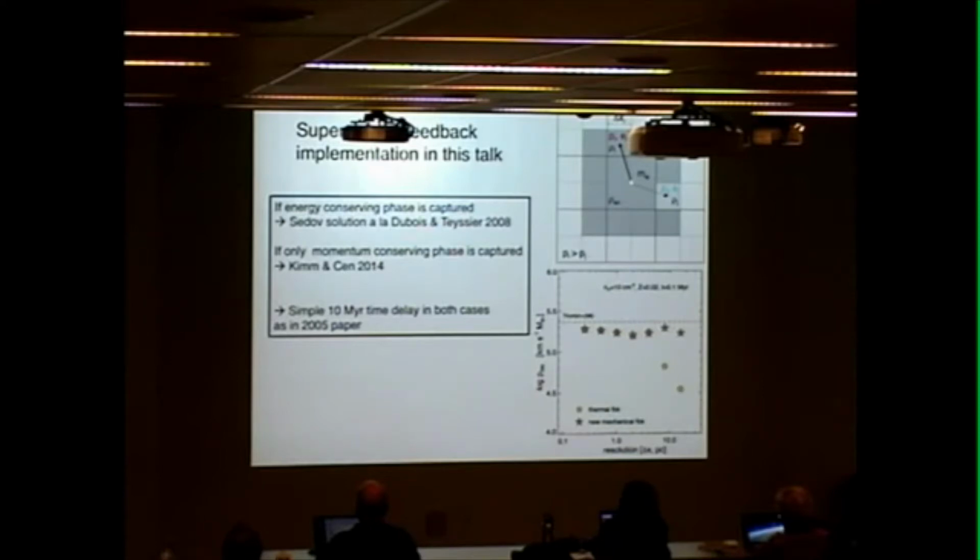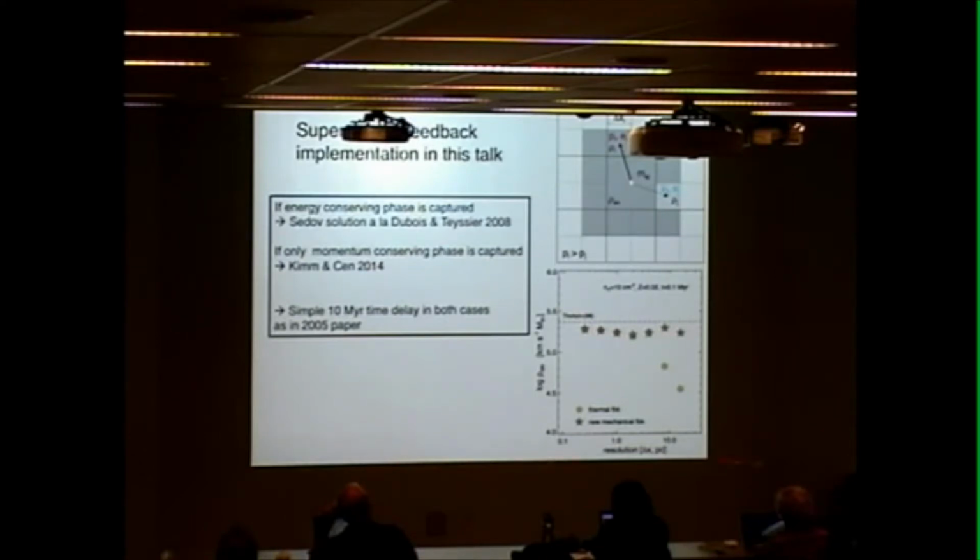And then we compare that to the Kim and Ostriker prescription, which self-consistently checks whether or not we are able to capture the energy conserving phase, in which case the same model is used. Otherwise, we use a momentum conserving phase.